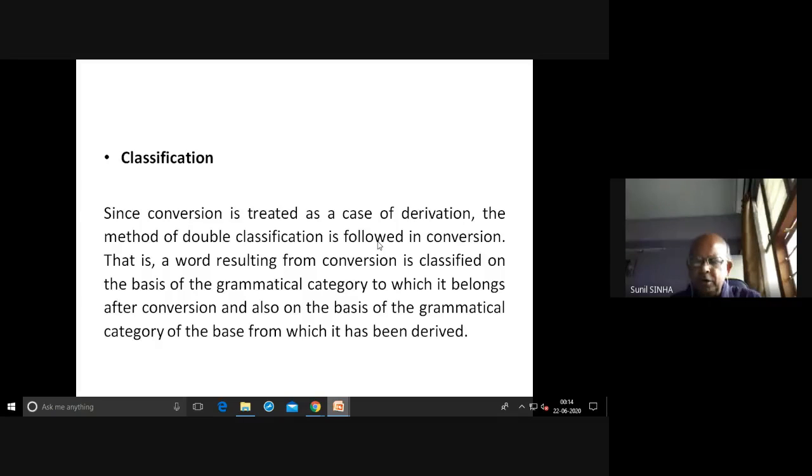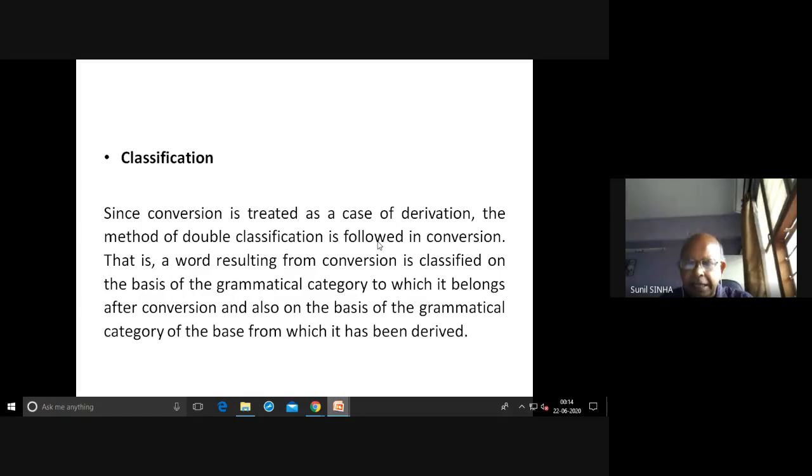Now look, what happens in conversion? In conversion, you derive one class of word from another, right? For example, intellectual. From the adjective, you derive the noun intellectual, right?